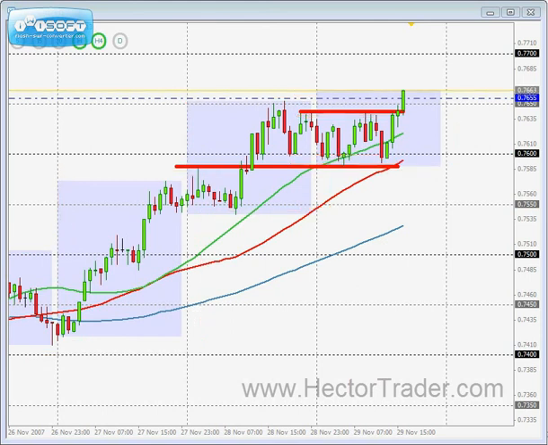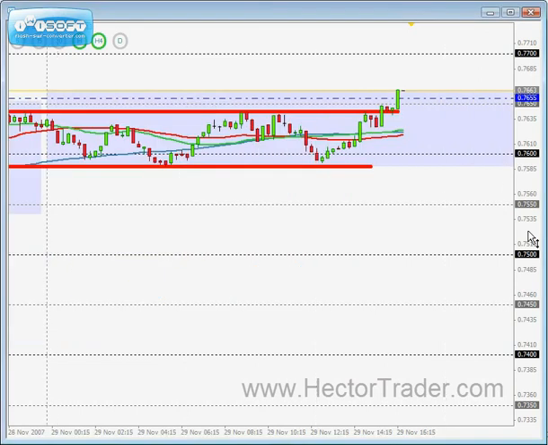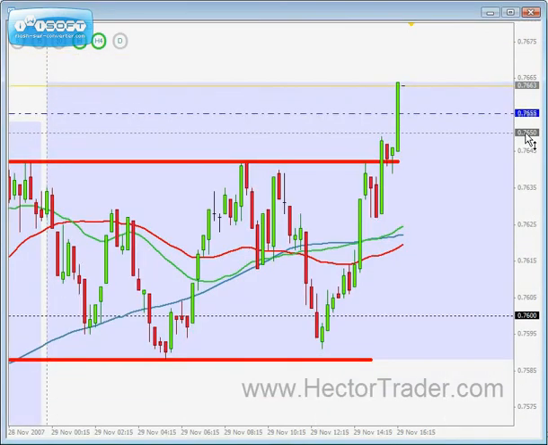And of course, whenever I spot a range within a trending scenario, I only like to try the possible breakout to the upside. That has happened right now. Price broke above this congestion area, the 0.7640, in the trigger chart, which is the 15-minute chart.